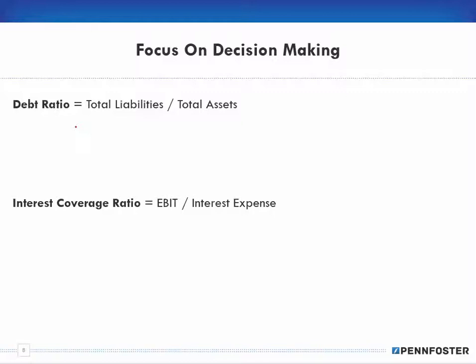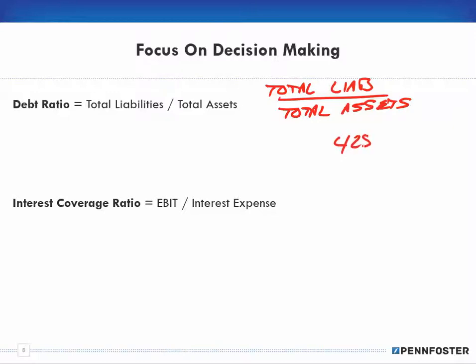So the first one here is the debt ratio, which, as you can see, is total liabilities over your total assets. Okay, and basically what this ratio does is it says, do we have enough assets to be able to cover our liabilities, right? And the book gives you the example of having $425,000 in liabilities and $685,000 in assets.